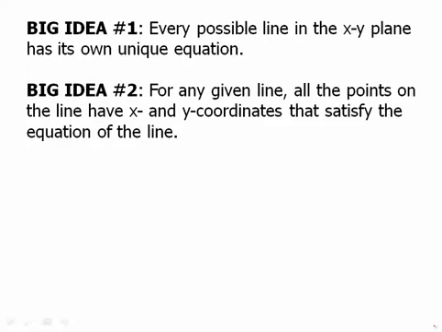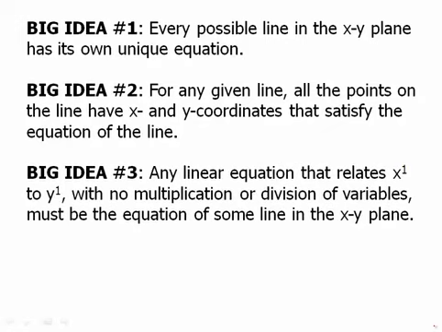That is absolutely huge. And finally, big idea number three, any linear equation that relates x to the first power to y to the first power, as long as there's no multiplication or division of variables or something odd like square roots, as long as it's just an ordinary x and an ordinary y and a bunch of numbers, that must be the equation of some line in the xy plane.